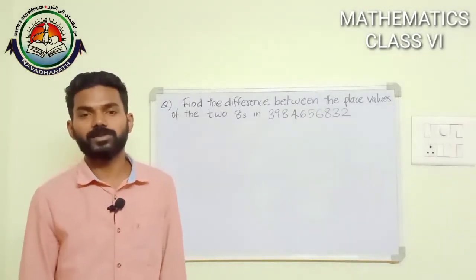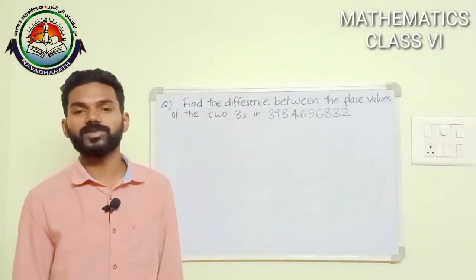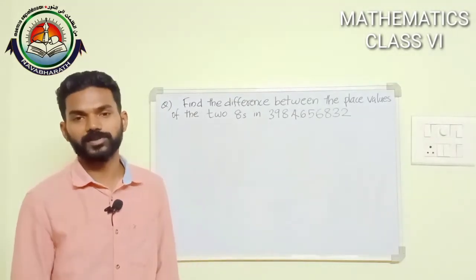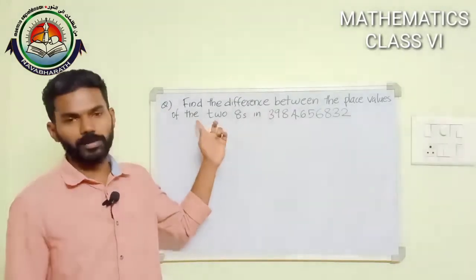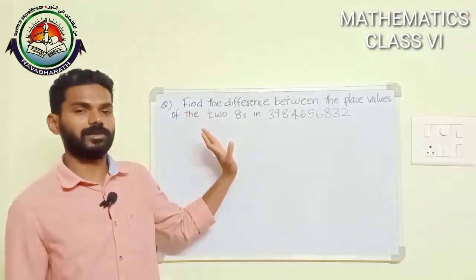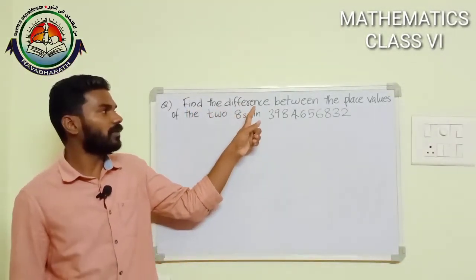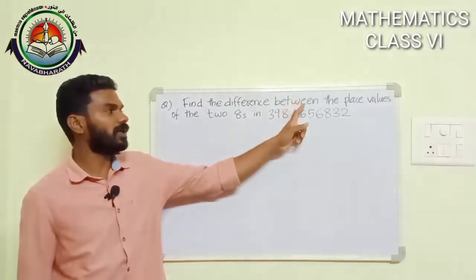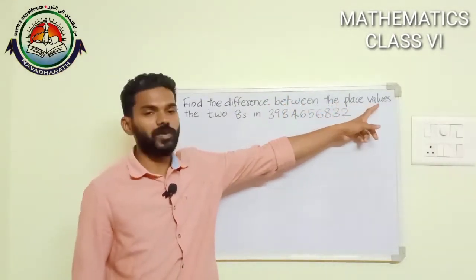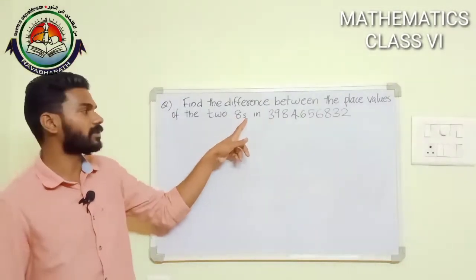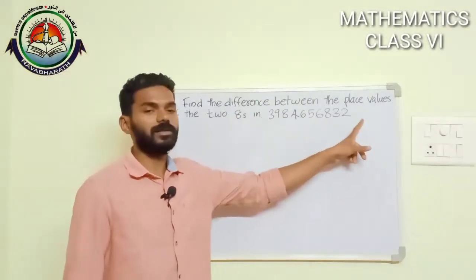Okay, now let's do some problems related to this chapter, some special type of problems. Here is a problem given for you. Read the question. Find the difference between the place values of the two 8s in the given number.